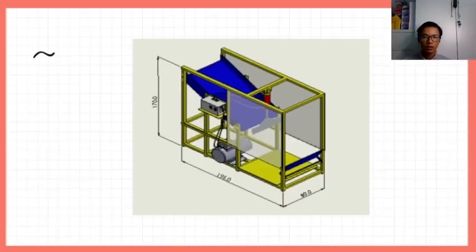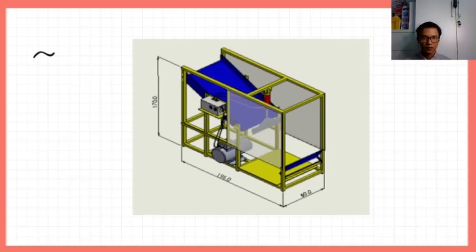Next, we will talk about the height problem of our machine. We know that the height is around 170 centimeters, but it is not suitable for our Malaysian consumers, who have a height around 140 until 160 centimeters.